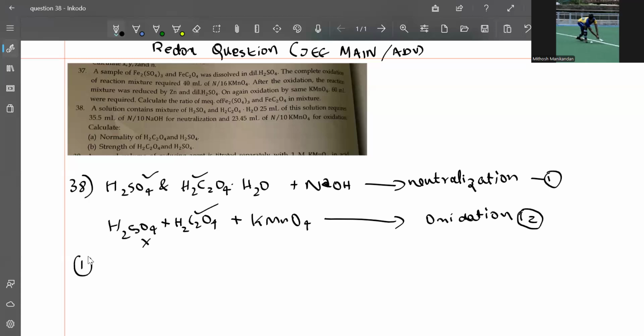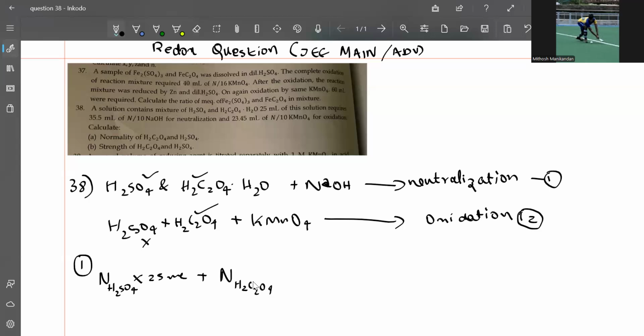Anyway, the first case, neutralization. We know N of H2SO4, then volume is 25 milliliter, plus N of H2C2O4.